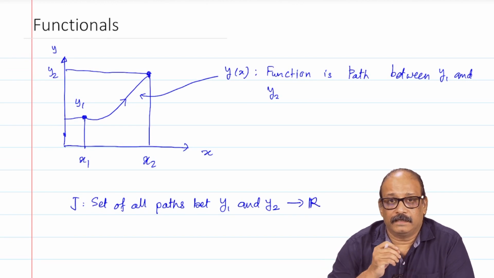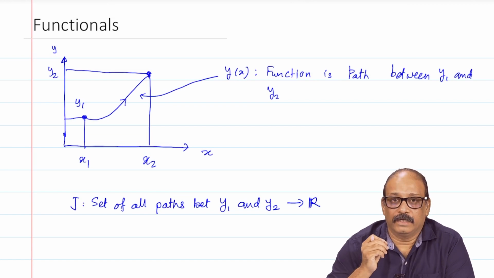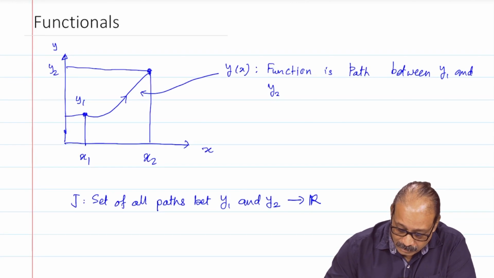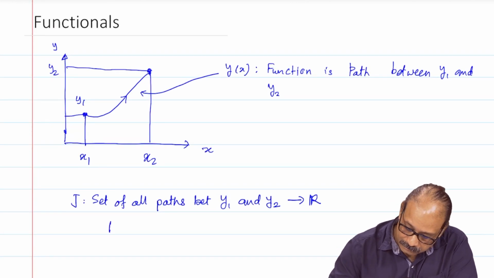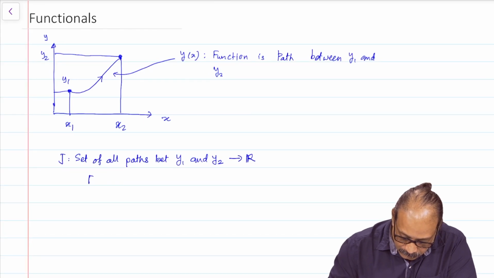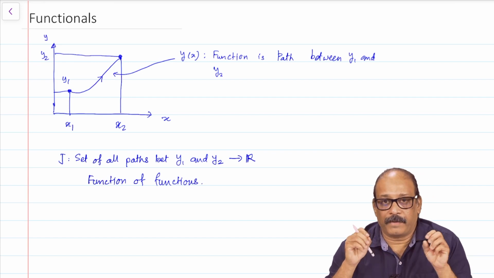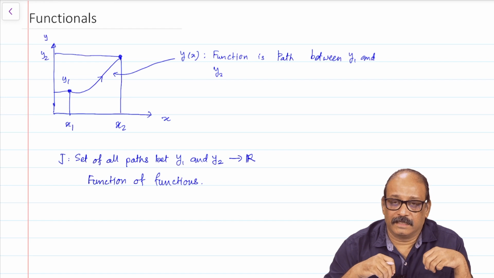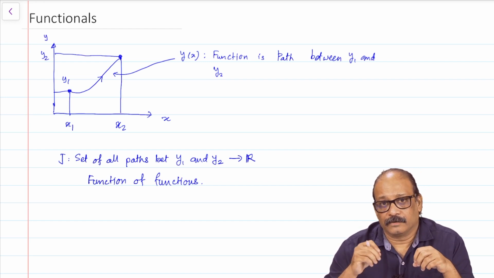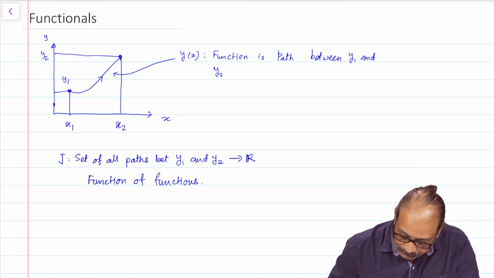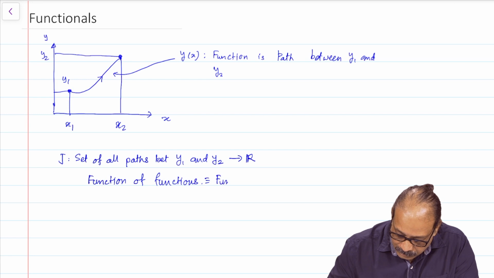So, we assign a scalar real number to each possible path. This is in some sense a function of functions. The paths themselves are functions and J is basically assigning to each path some scalar value. So, that is why this one has a special name. This one is actually called a functional.